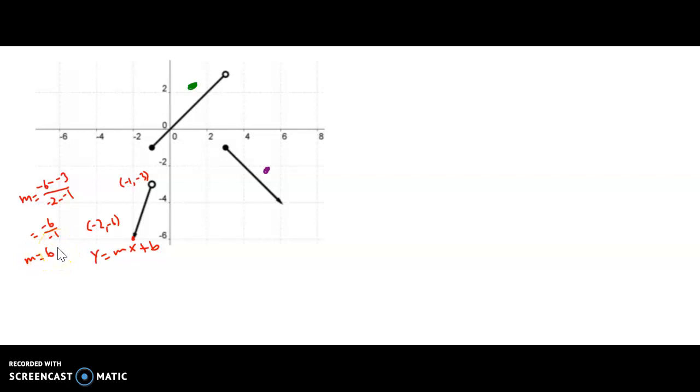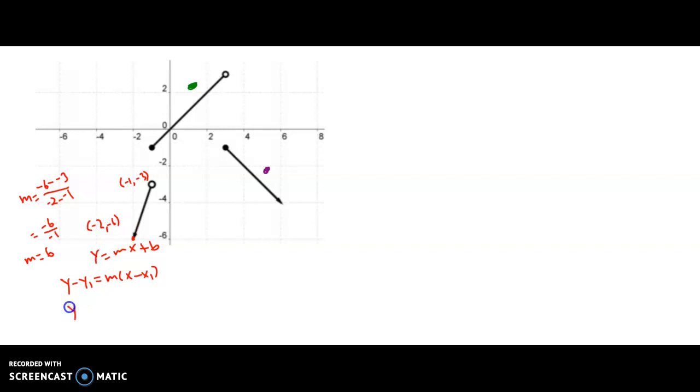All right, then I'm going to use my equation y minus y1 is equal to m times (x minus x1), right? I know my slope is 6, and for x1 and y1, you can choose either of these 2 points. Doesn't matter which one. I'm going to use (-2, -6).